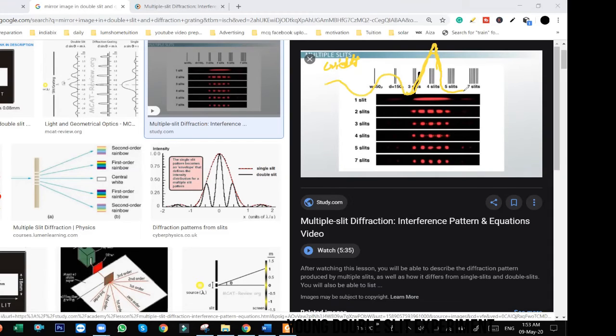And with two slits you will get a smaller width and smaller intensity. In three slits you will get it like this.